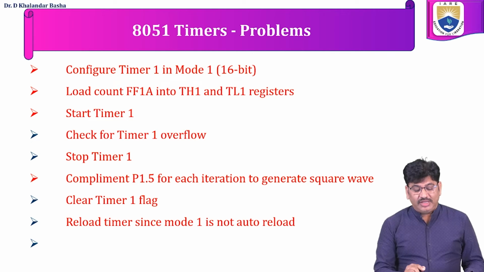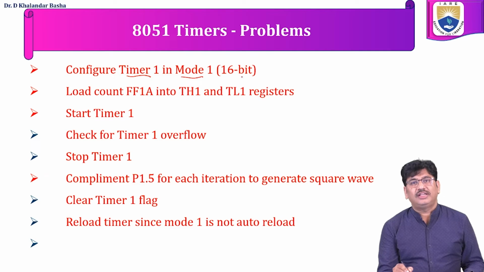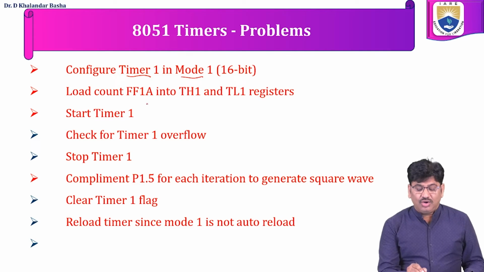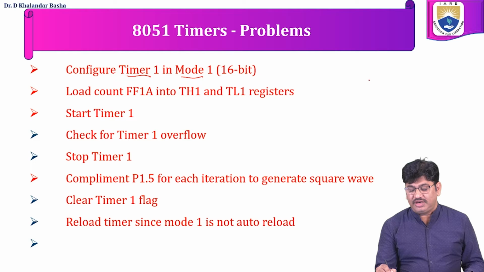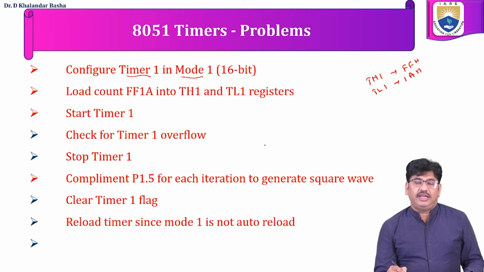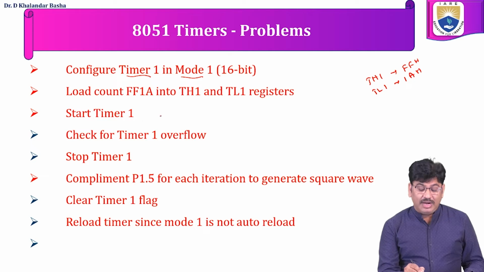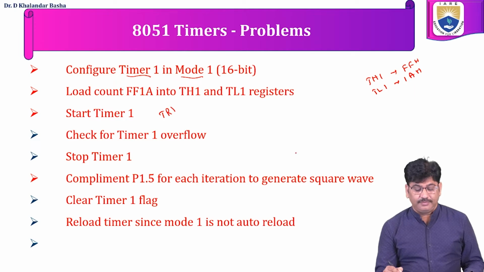The steps for this are: configure timer 1 in mode 1, that is for the 16-bit case. Load the count FF1A by writing the TL1 and TH1 registers. TH1 is loaded with FF. TL1 is loaded with 1AH. Then we have to start timer 1 by setting the TR1 bit in the TCON register.